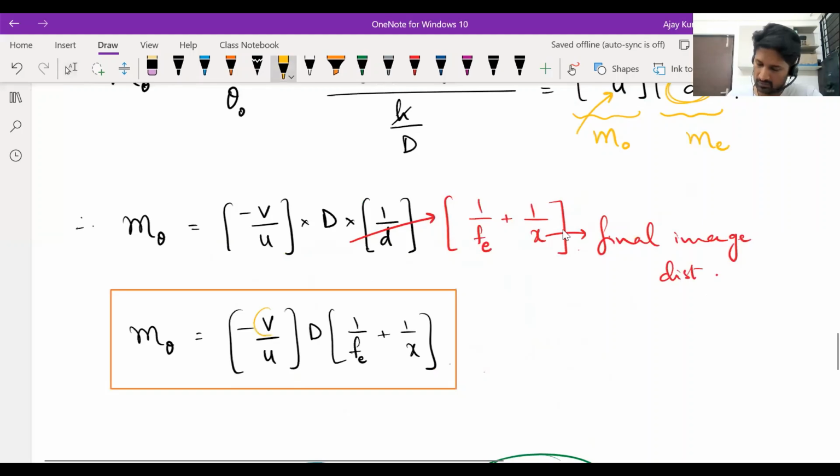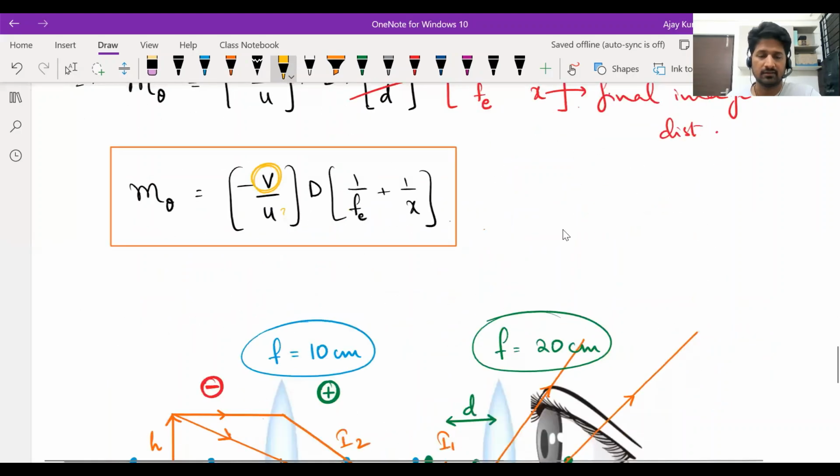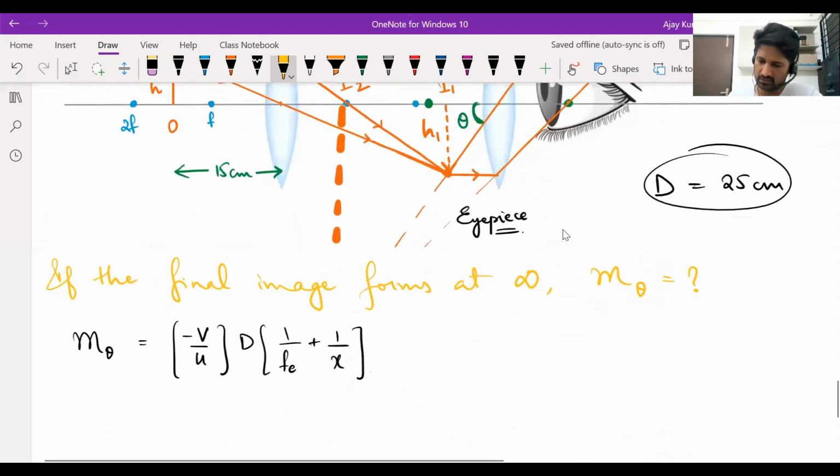That is unknown. Do you know where the original object is? So that's U. How much is that distance? In the problem, how much is U? 15, sir. Should you take it as plus 15 or minus 15? Minus. Okay, so U is known to us.